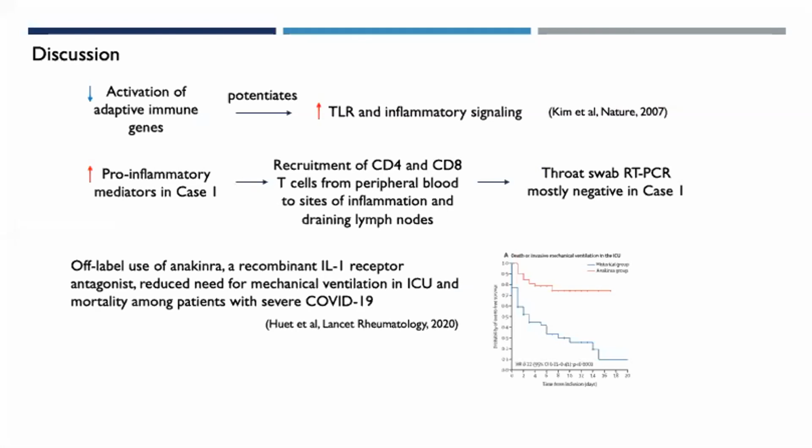Also, the increased levels of pro-inflammatory mediators in case 1, I think, could have led to recruitment of CD4 as well as CD8 T cells from peripheral blood to sites of inflammation and draining lymph nodes. And that could have resulted in the mostly negative throat swab RT-PCRs that we had seen in case 1.